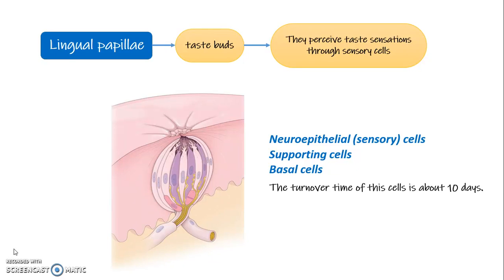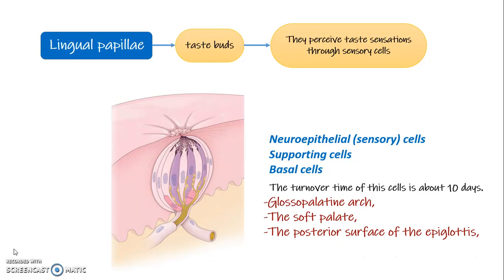The turnover time of these cells is about 10 days. And they can be found in other places besides the tongue, like the glossopalatine arch, the soft palate, the posterior surface of the epiglottis, and the posterior wall of the pharynx.